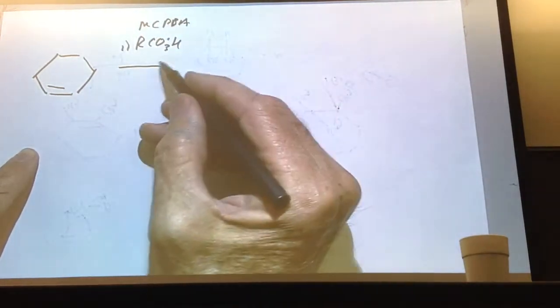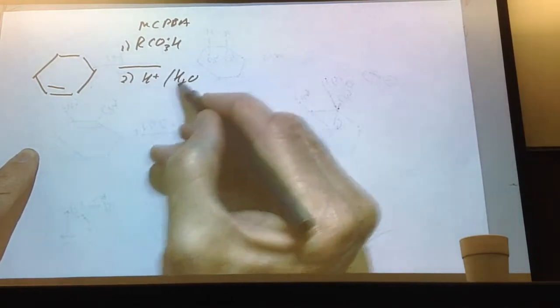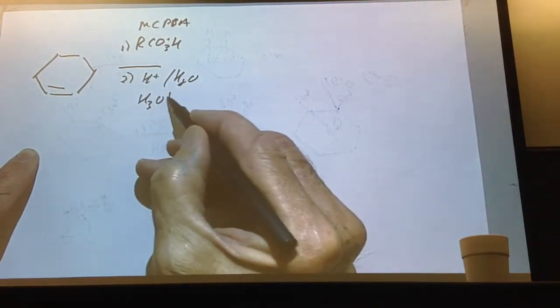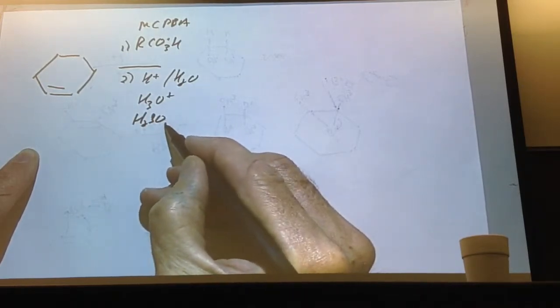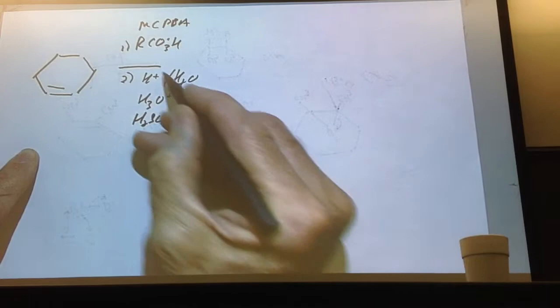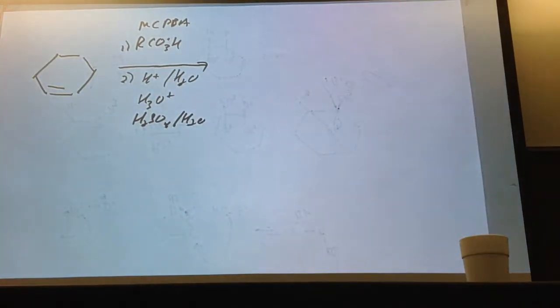It doesn't matter. Step 2, sometimes you'll see this, sometimes you'll see this, it's pretty much the same thing. Sometimes you'll see H2SO4 in water. Anyway, the final product then would be 2 OH groups attached, and they point in opposite directions.